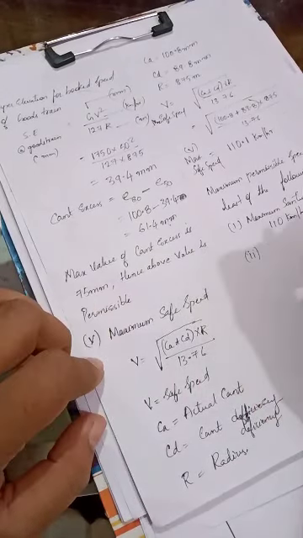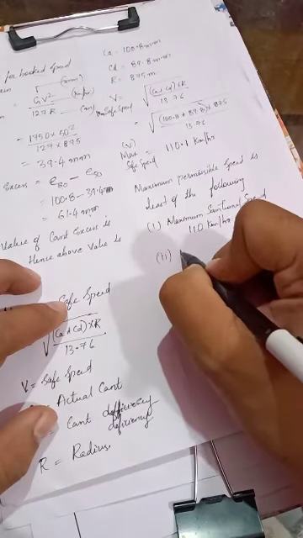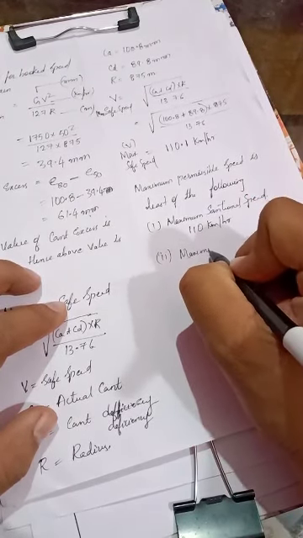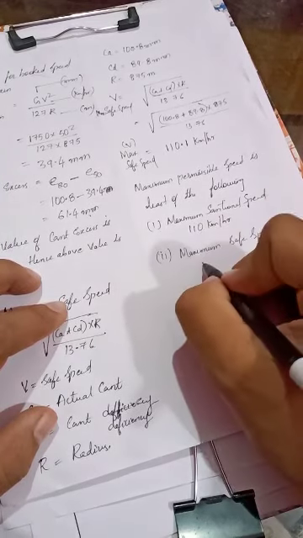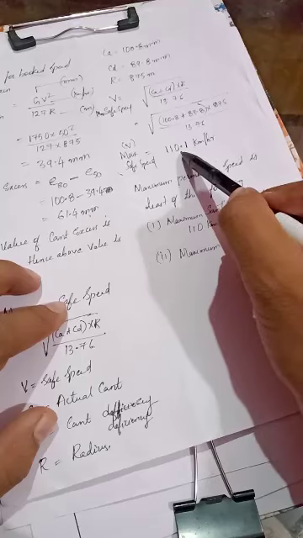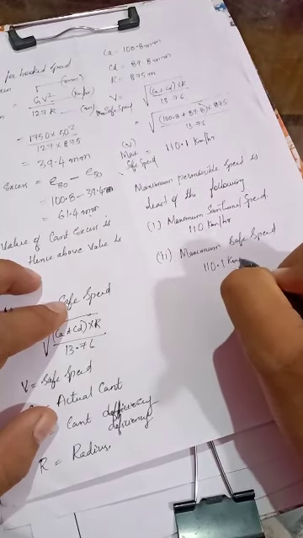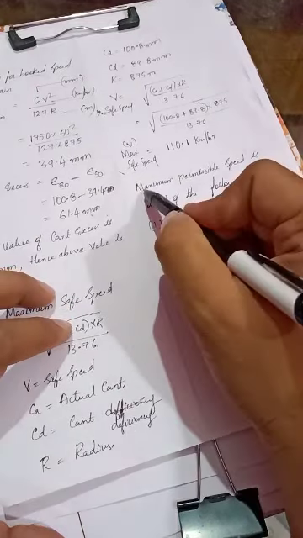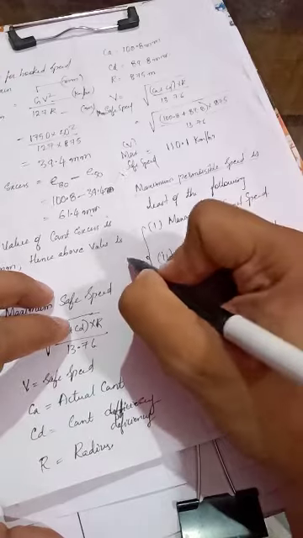Second one, maximum safe speed, which is 110.1 kilometer per hour. So maximum permissible speed is the least of these two.